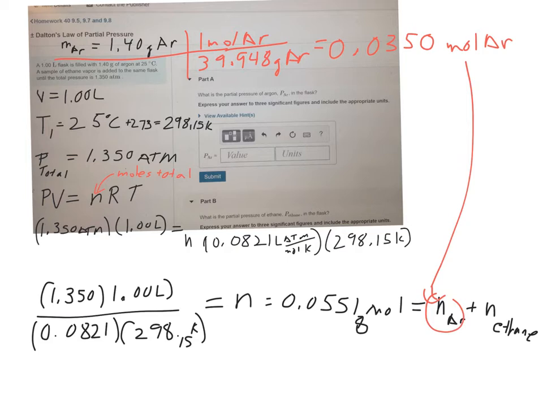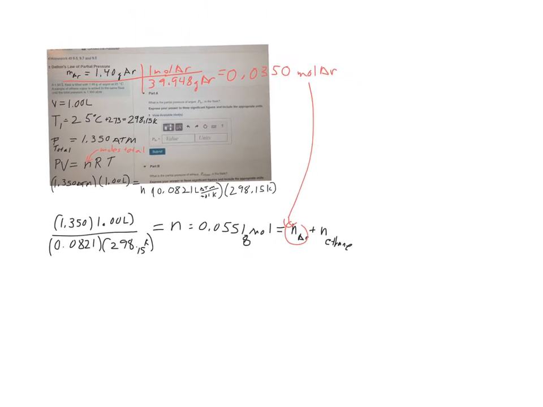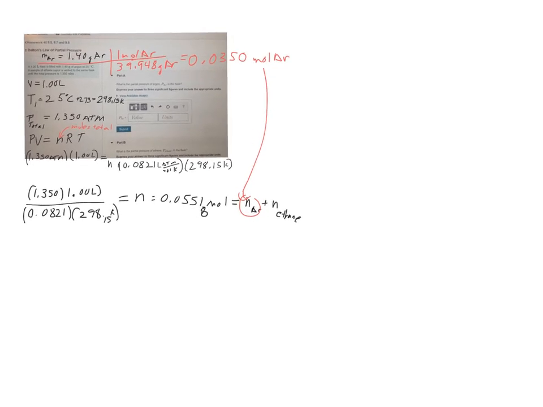So I have 0.05518 moles equals 0.0350 moles of argon plus an unknown moles of ethane.